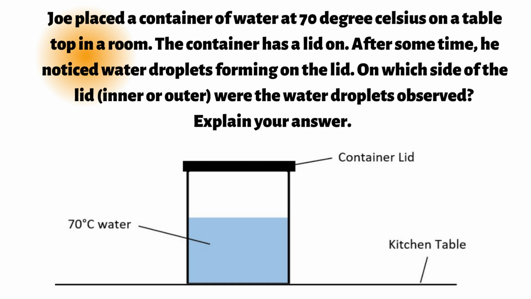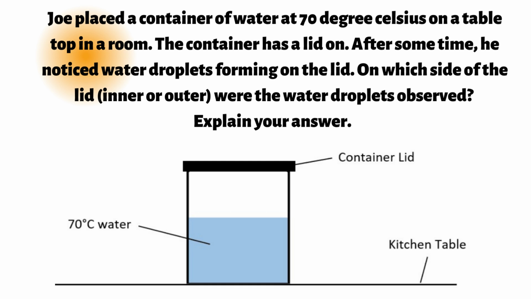Explain your answer. Now, this is a very typical question relating to the science concept of the states of water. Remember, in this concept we learned about the different processes of how water changes state. If you recall, what are some of the processes?